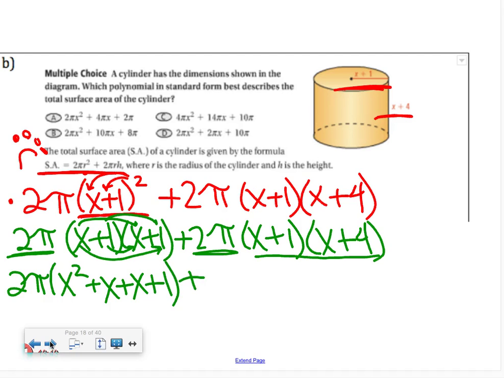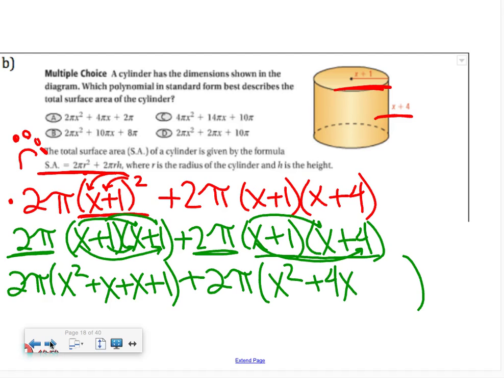We're going to do the same thing over here. I have this 2 pi still. So over here, I have x times x, which gives us x squared. I'm going to multiply this x to this 4, so I have plus 4x. This 1 times x, so I have plus x. And then this 1 times 4, so we have plus 4.